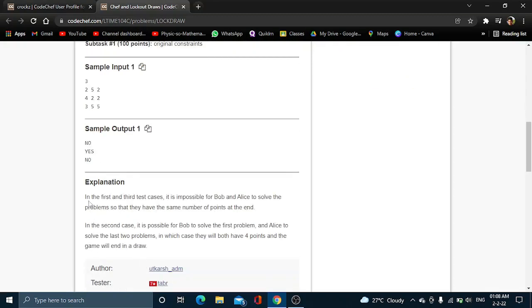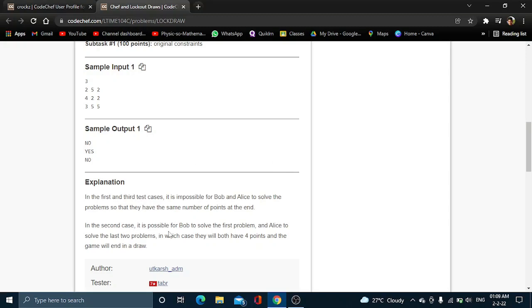And they have given some explanation for this particular test case. In the first and third case, it is impossible for Bob and Alice to solve the problems so that they have the same number of points at the end, which means Bob and Alice cannot have the same number of points at the end of this contest.